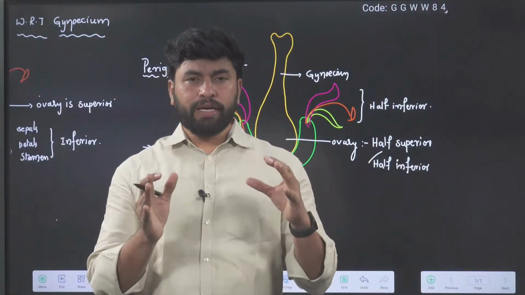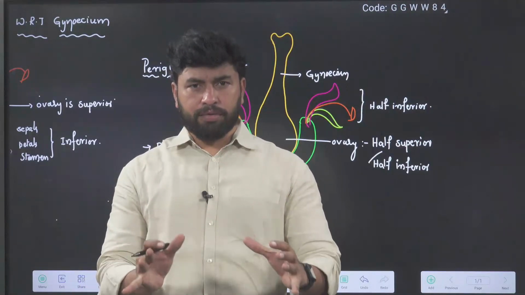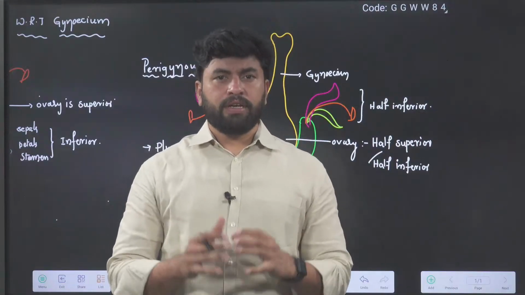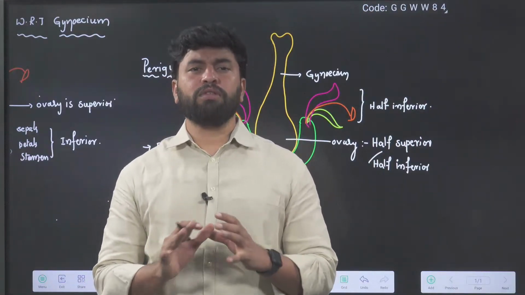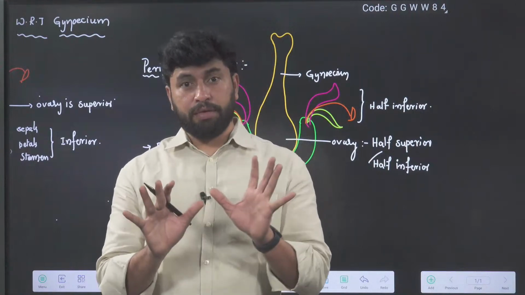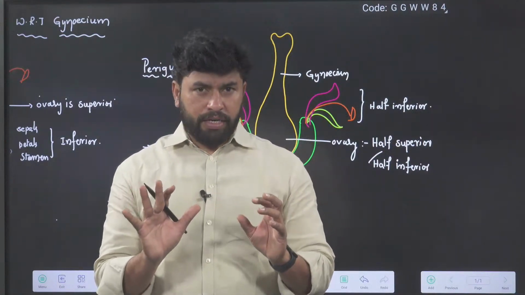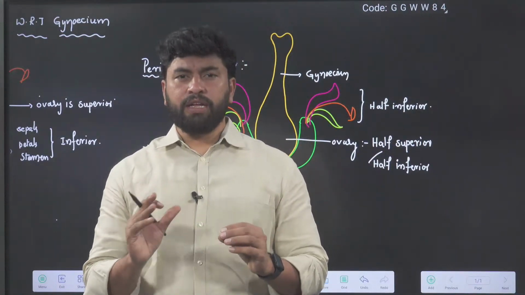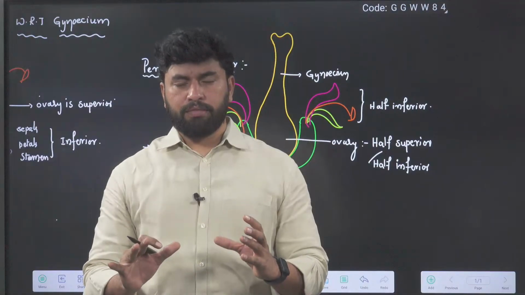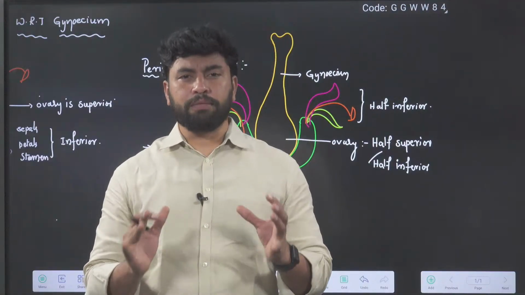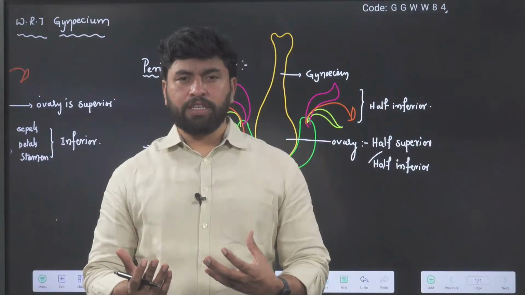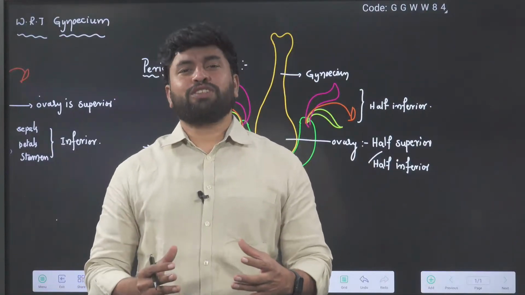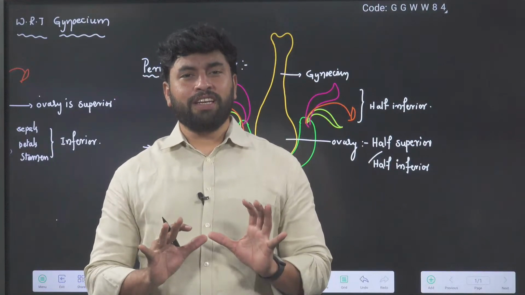Then we will confine ourselves to the NCERT book. Whatever examples are mentioned in the NCERT book, only those examples we are noting. Be careful. If you study a variety of materials available in the market, you will get a variety of names. If you try to memorize all of them, it will take too much time to qualify in the NEET exam.